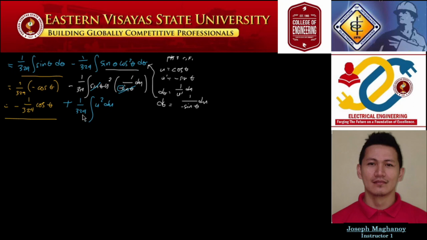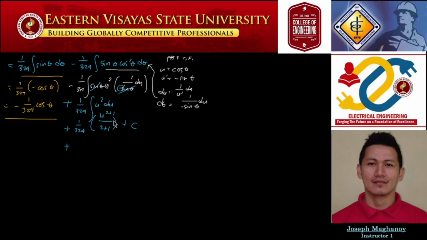So we can apply our power formula here. If we apply our power formula, the remaining is 324 quantity u to the 2 plus 1 over 2 plus 1 plus c, both constants of the first term and the second term.